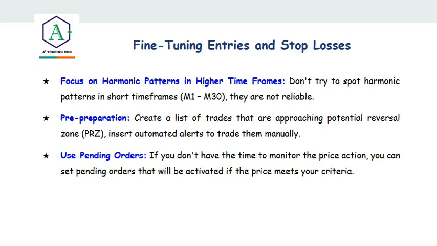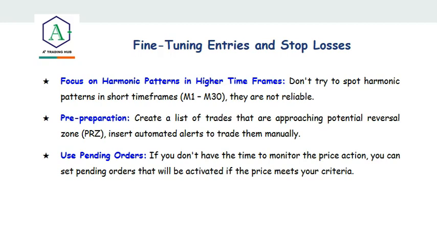The set examples are also here, so you go through them and see how you can identify these harmonic patterns on your chart and how you can plot the PRZ zone. Don't forget, you need to plot these PRZ zones anytime you spot a harmonic pattern on your chart, and you have to wait for price rejections before you take an entry.